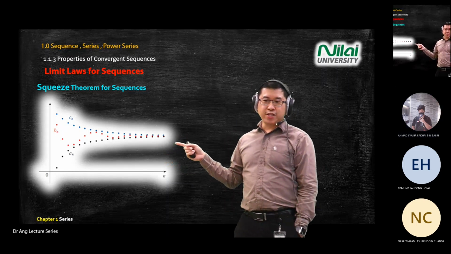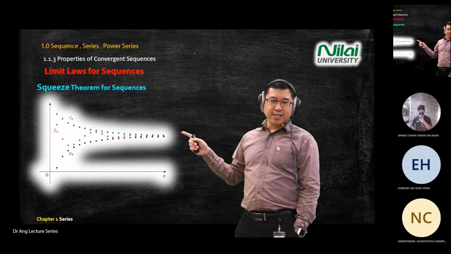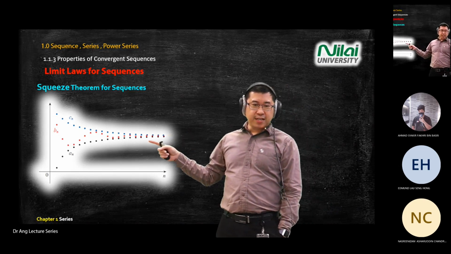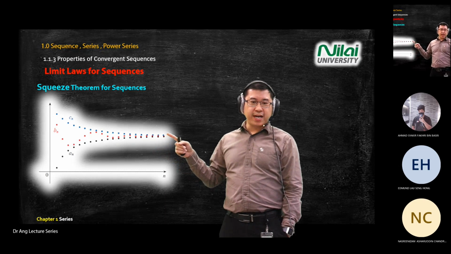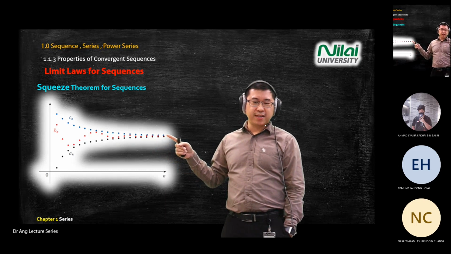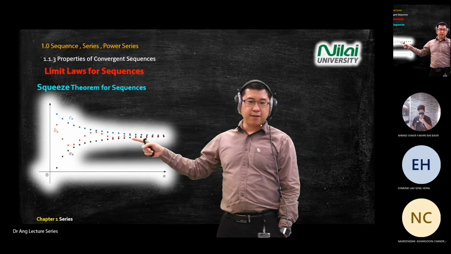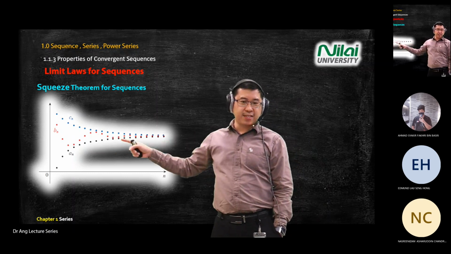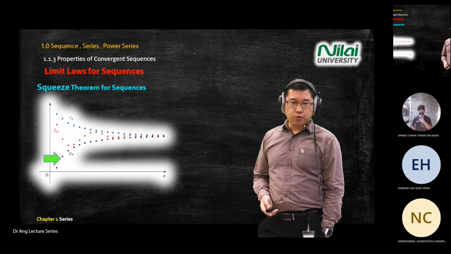So these 3 sets, a_n, b_n, c_n are convergent. They will arrive at one value here. In the general formula, if you project this value to the y-axis, you get the L value.